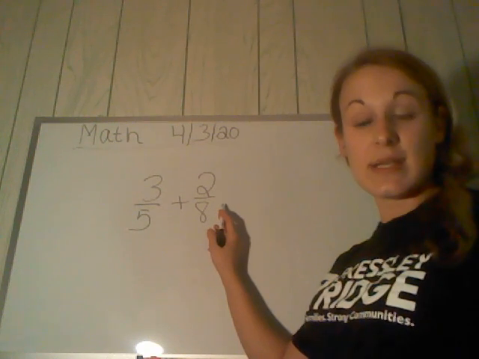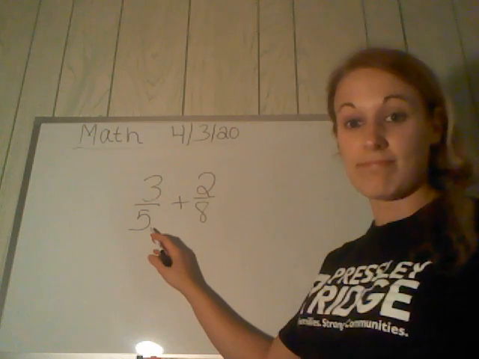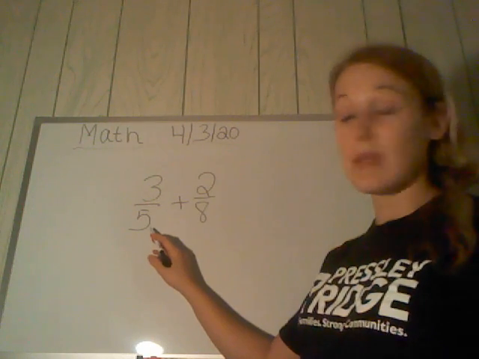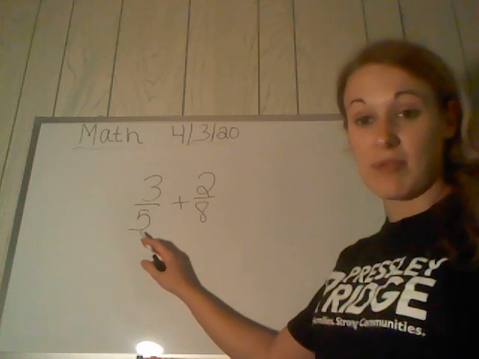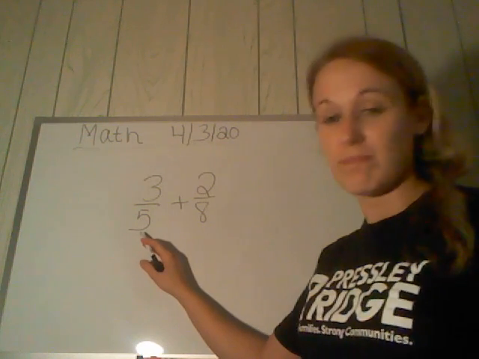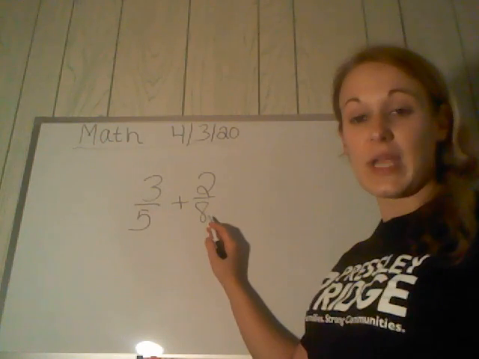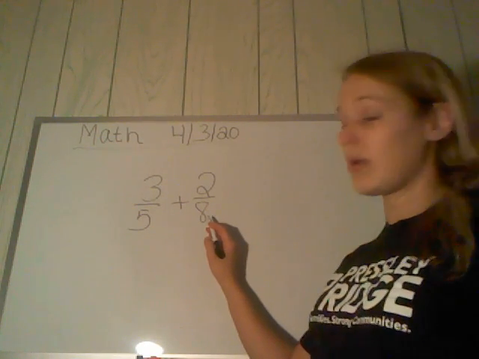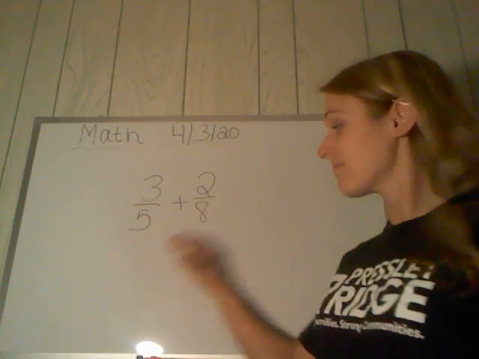Is 16 divisible by 5? Nope, it is not. Is 24 divisible by 5? Close, but nope, doesn't go into it equally. Is 32 divisible by 5? It is not.